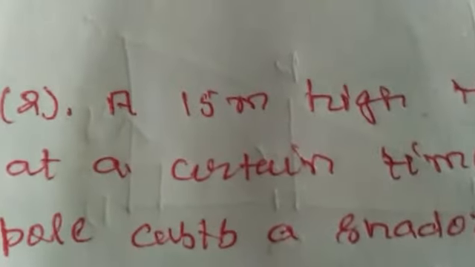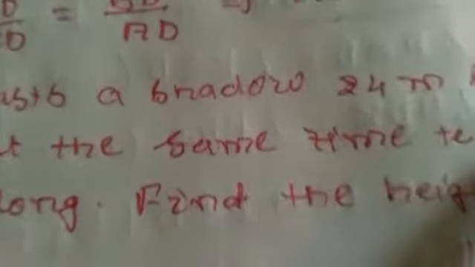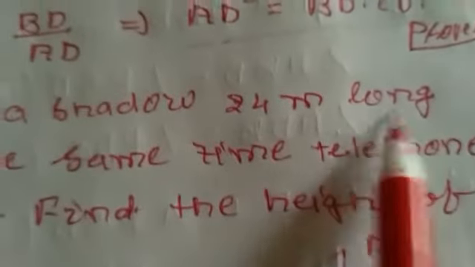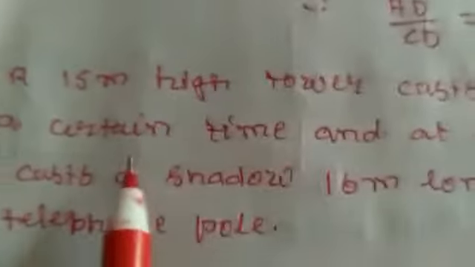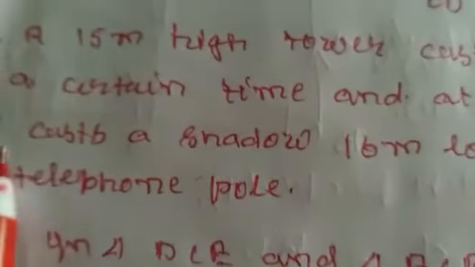Now let's see the second question. The second question is: a 15-meter high tower casts a shadow 24 meters long at a certain time, and at the same time a telephone pole casts a shadow 16 meters long.